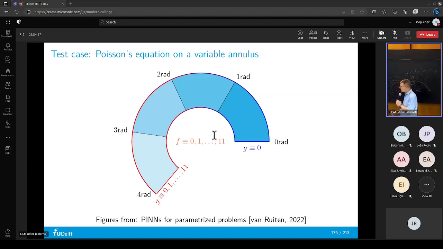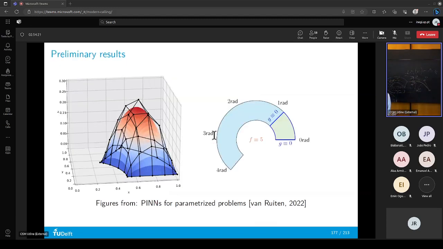And as load vector, we tested 0, 1 in discrete steps up to 11. First test. This is data that is also seen in the training. So F is 5, G is 0, 0 here, and it's, let's say, a known geometry. This looks qualitatively fine, and if I haven't said that, I should say, we are not interested in super accurate results.